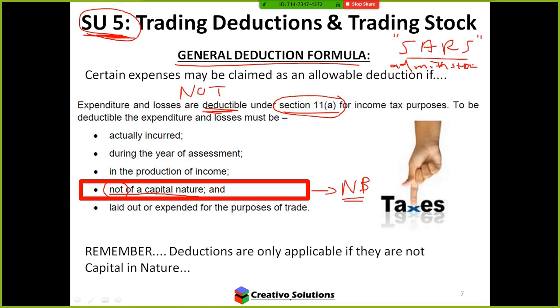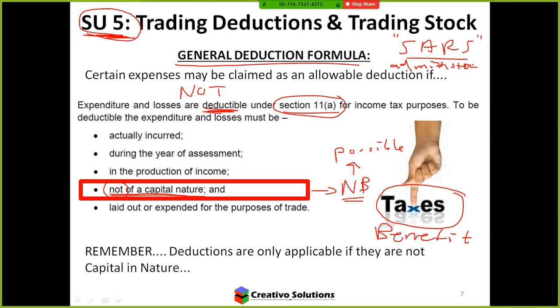So with the general deduction formula, I'm applying deductions according to operations. If I have items that are capital in nature, then I can apply possible capital allowances. And why would you ever want to do that? Because of the benefits.